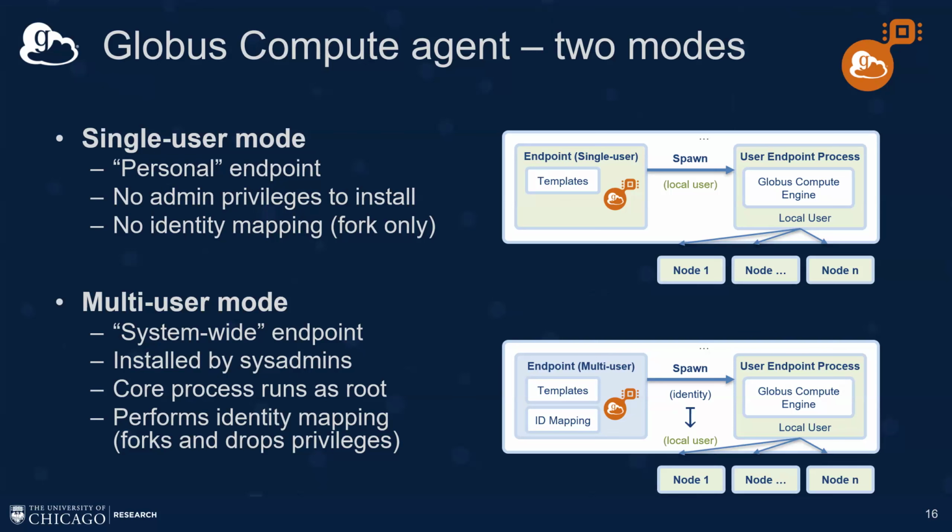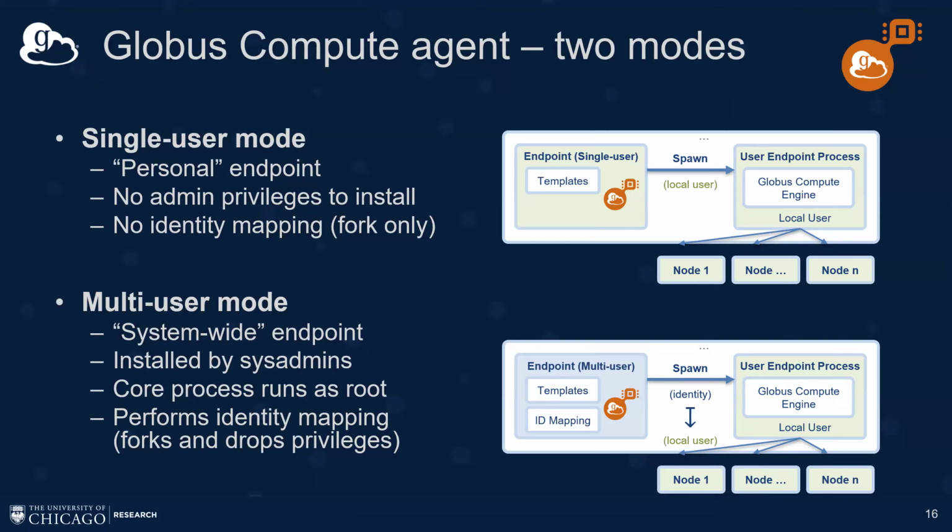This transient endpoint process then connects to the Globus Compute service and says, okay, I'm ready, send me your tasks. When tasks come in, the user endpoint process forks and spawns workers, which go through your cluster, your scheduler, into the queue. So it spawns a job, and the workers run inside the job.